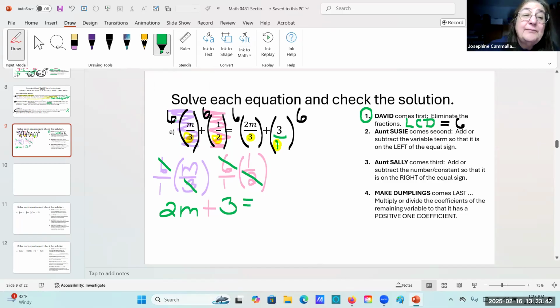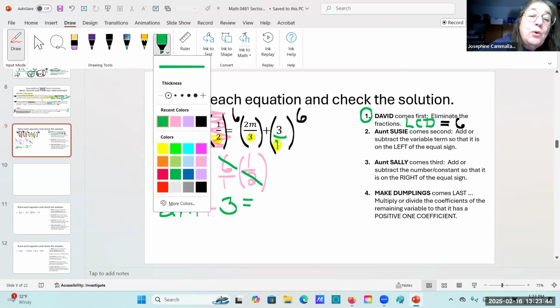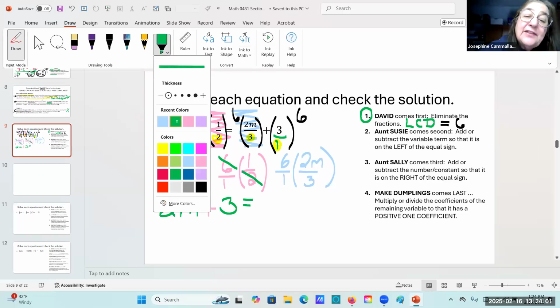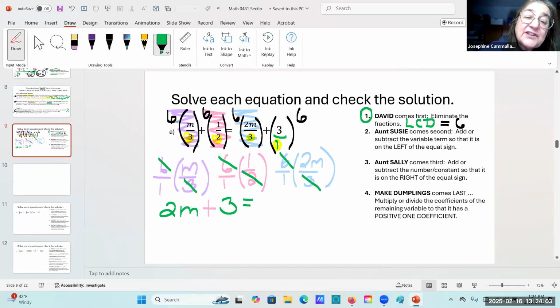Here's my equal sign. Well, now I'm going to come right here. This is going to give me 6 over 1 times 2m over 3. Now, this is where you're going to have to be careful. This 3 and this 6 are going to cross cancel, and that leaves me 2 up here, but that 2 is multiplying by 2m to give me 4m.